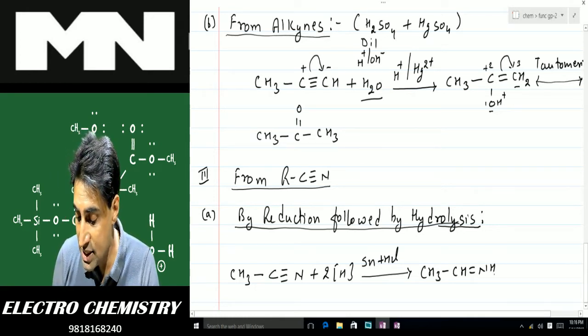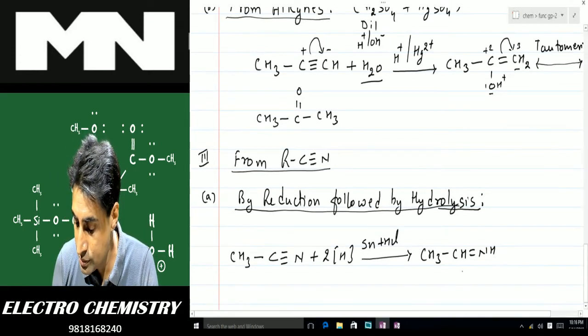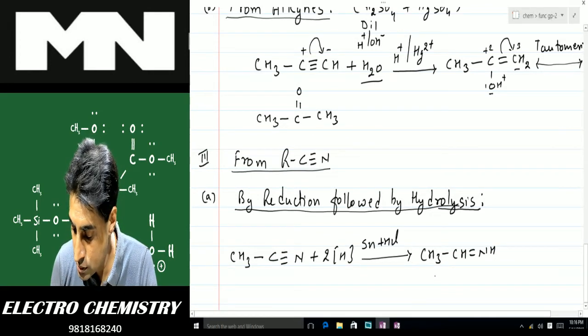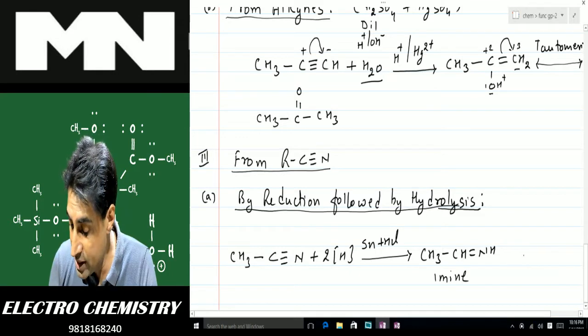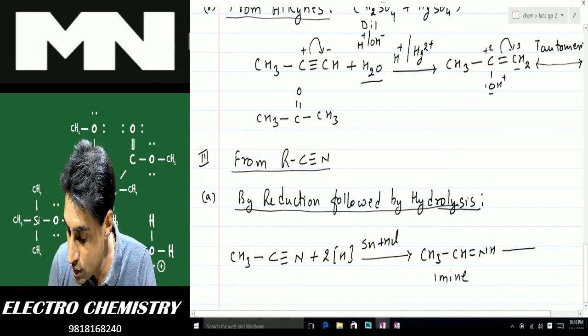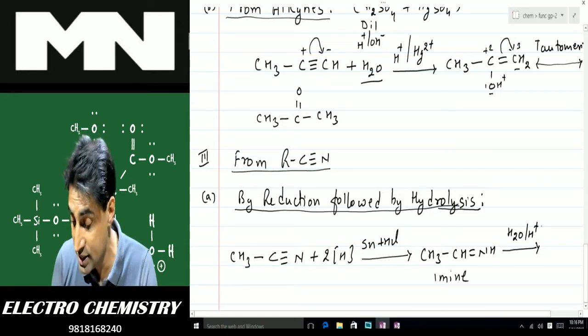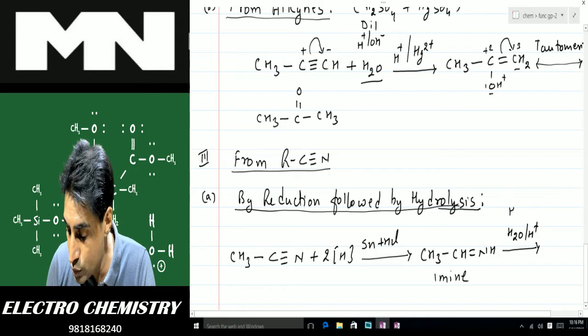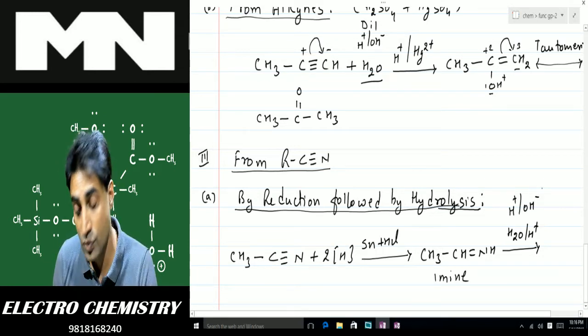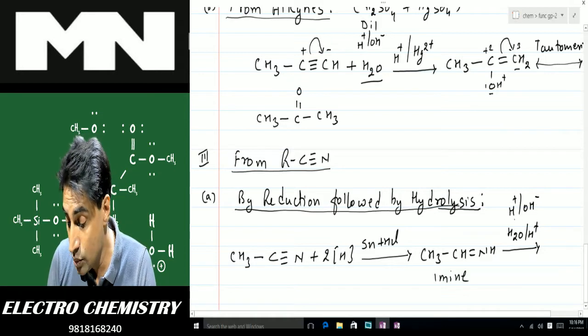This compound is imine. After this we'll do hydrolysis. So if I carry out its hydrolysis, that is H2O in the presence of H positive by adding dilute acid, H2O will break up into two parts, that is H positive and OH negative. Well, in this case, we'll have two water molecules in fact.